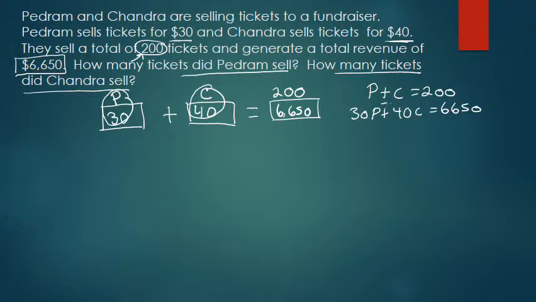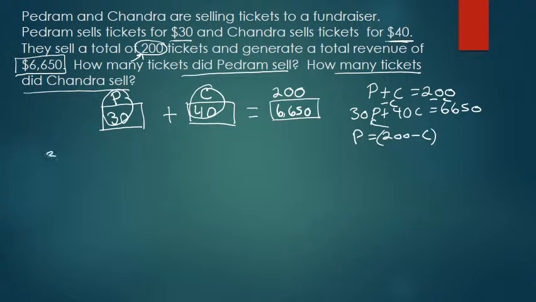Now, I'm going to go ahead and do substitution here. So I'm going to isolate the P variable. So I'm going to subtract C there, and I get P equals 200 minus C. And now I need to substitute that in the value equation.